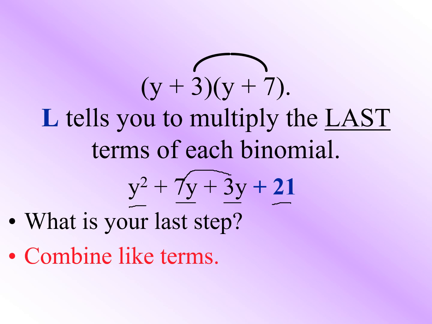Because they have the same variable, which is y, and the same exponent, which is imaginary 1. If we combine them, we just have to add the coefficients. So 7 plus 3, that is 10. So our final answer will be y squared plus 10y plus 21.